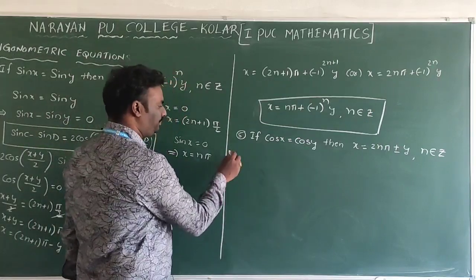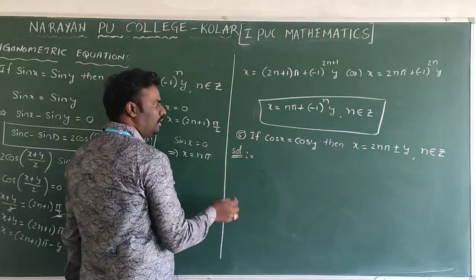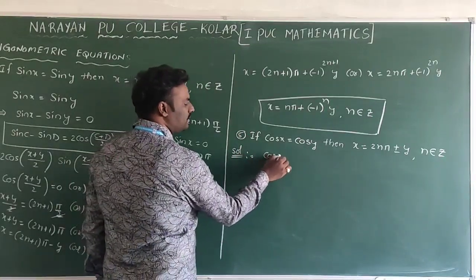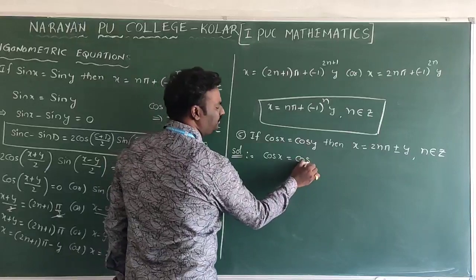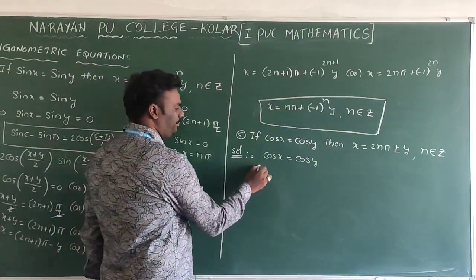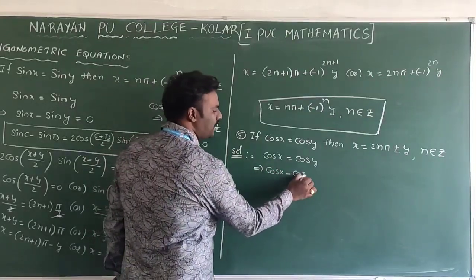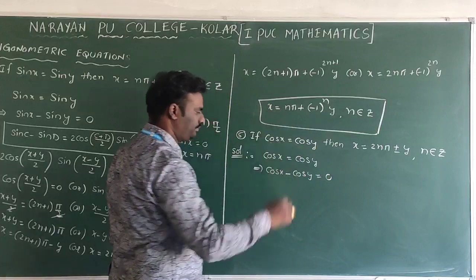See how to prove. They gave cos x is equal to cos y. From this we can write cos x minus cos y is equal to 0.